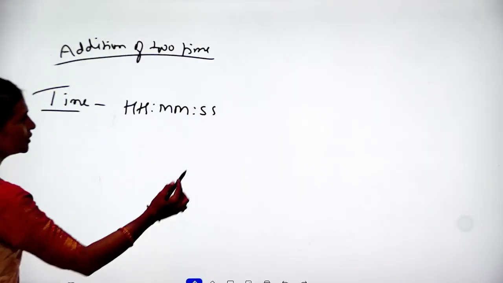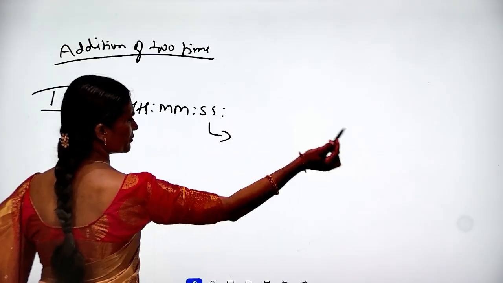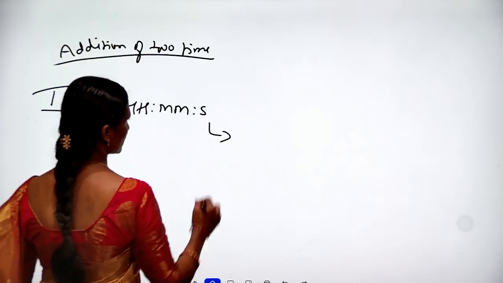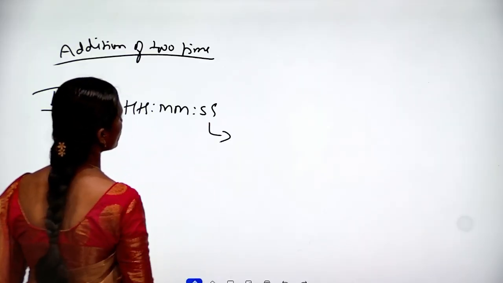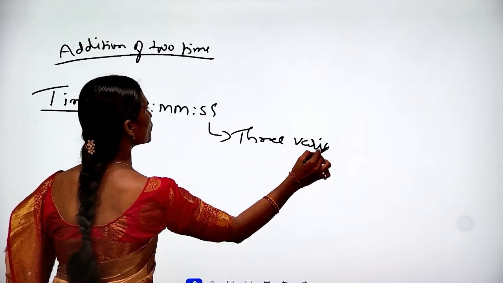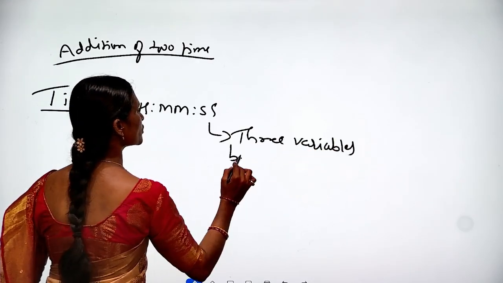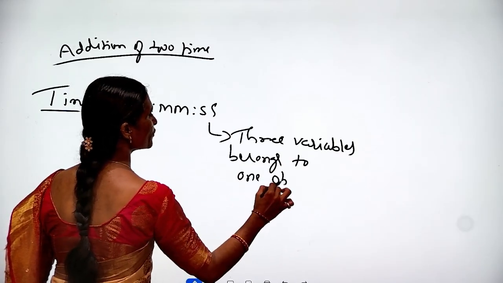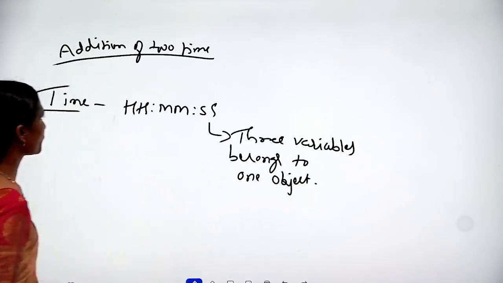There would also be millisecond and microsecond, but at present I am taking three. How many variables are here? Three variables belong to one object. Hence we are going to use the overloading here.